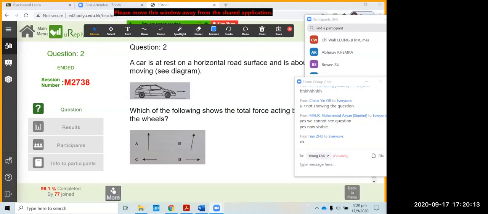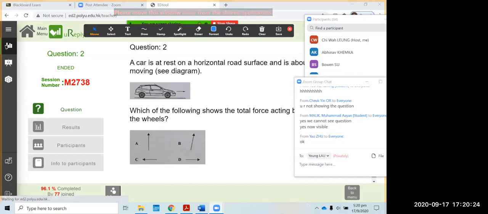And in order to start the car moving, there must be some frictional force. And also the car is being supported. Therefore, there must be normal force. At the end, the two forces would add up and it would be the resultant force.